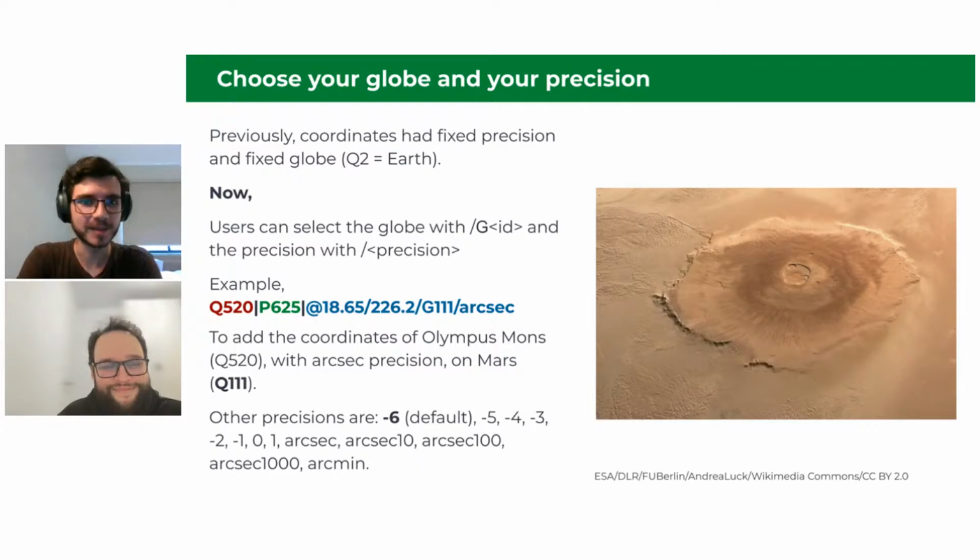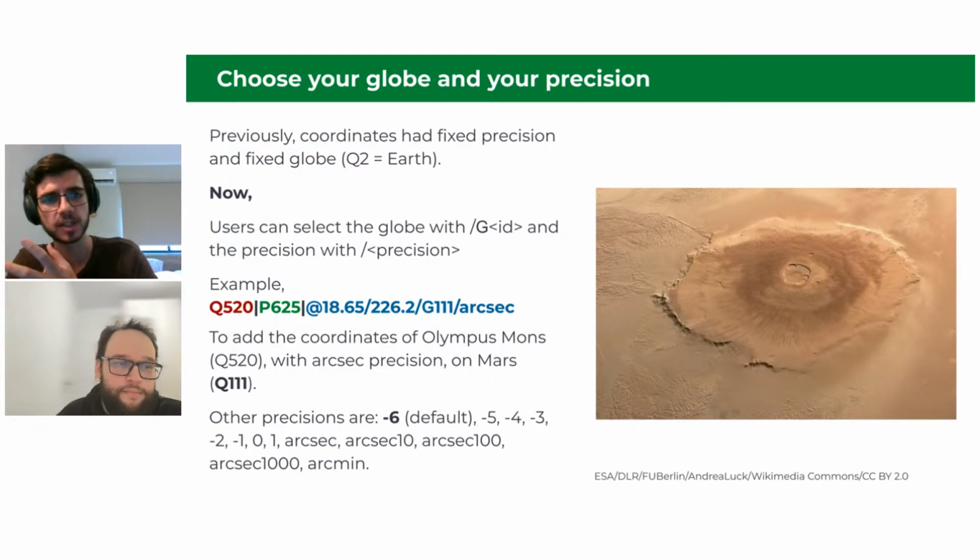So how do you do it? You put the coordinates, and the syntax for coordinates is @, the same symbol as for email. So @, and then the first coordinate / second coordinate, that's the baseline. Then you can put /g and the ID for the globe, and /precision if you also want to input a precision.